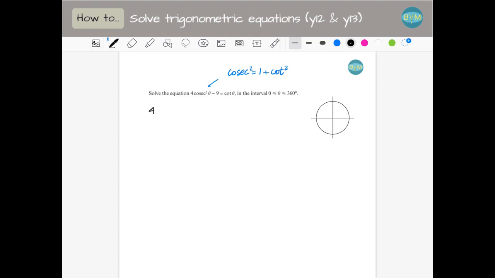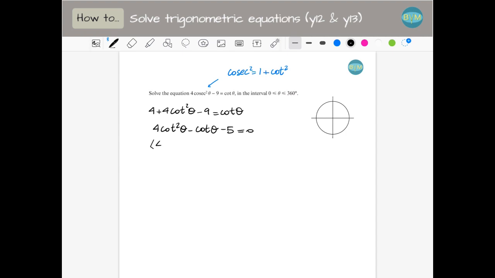So I'm going to multiply already the brackets. So 4 plus 4 cot square theta minus 9 is cot theta. And I'm going to have a quadratic. So if I reorganize this, I have 4 cot square of theta minus cot theta minus 5, right?